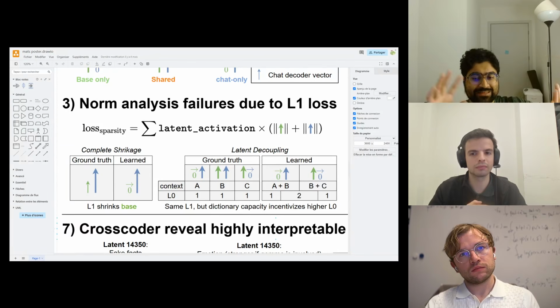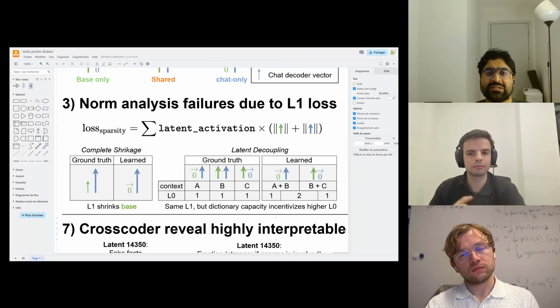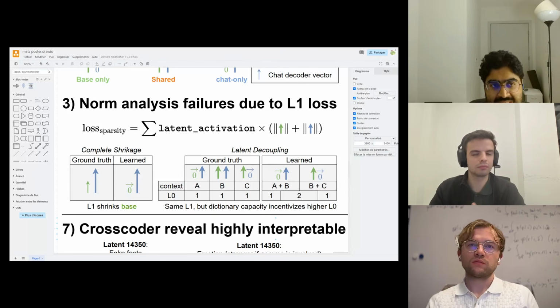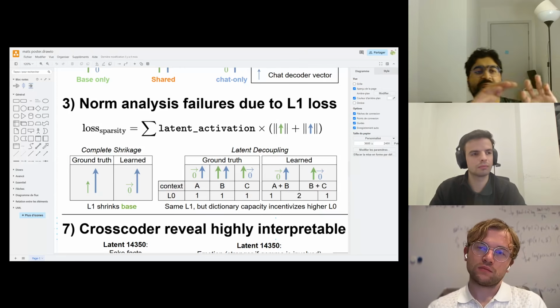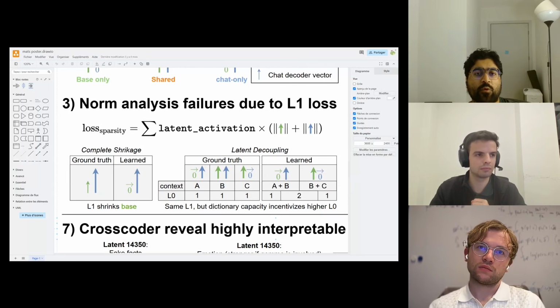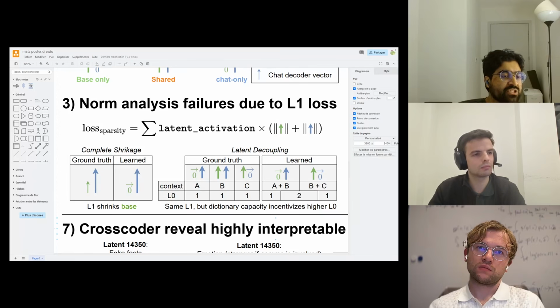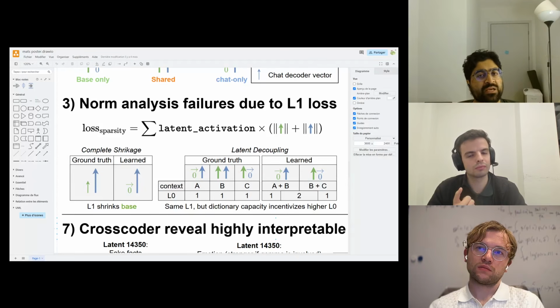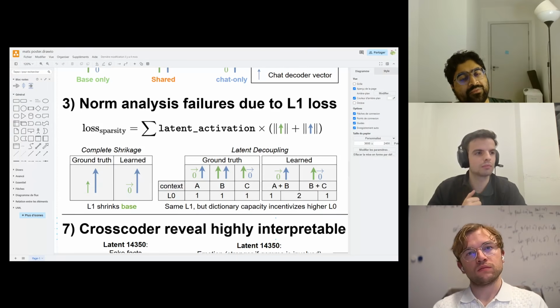We would like to consider these as 3 different scenarios, but in some sense it consumes less capacity for the model to instead say, well, I'm just going to learn something which only has a dog vector in the base model and has nothing in the chat.